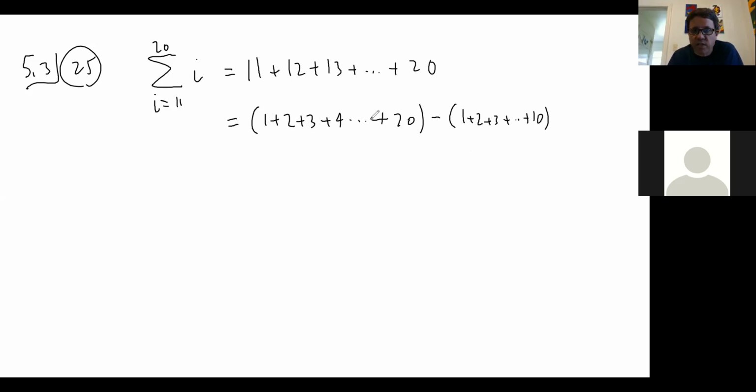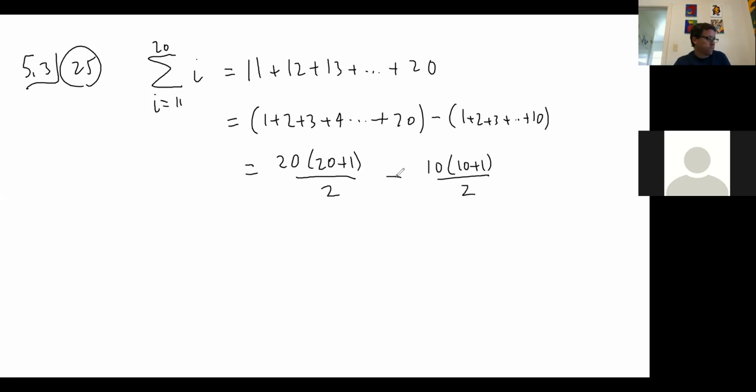And now this is exactly the pattern. If you go 1, 2, 3, 4, all the way up to 20, you can plug that into the pattern, which is you take the last number, 20 times 20 plus 1, divide it by 2. And then the same thing over here. Your 1, 2, 3, all the way up to 10 will be 10 times 10 plus 1, all divided by 2. And you can subtract those two off.